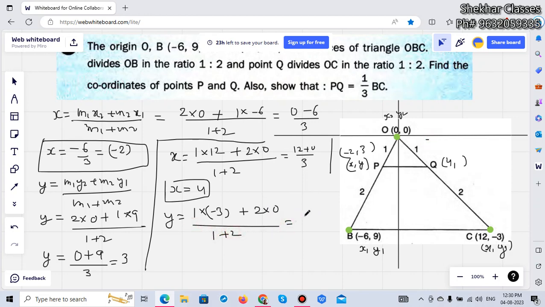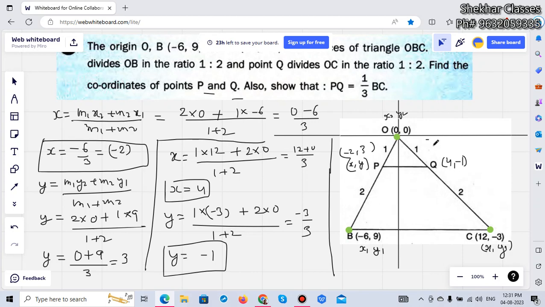That will give you minus 3 upon 3, so y here will be minus 1. We got the point here. So we have got the coordinates of P as (-2, 3) and the other, Q, as (4, -1). So that is the first part that we have got. Now we have to show that PQ is 1/3 of BC. In that case you have to use the distance formula.